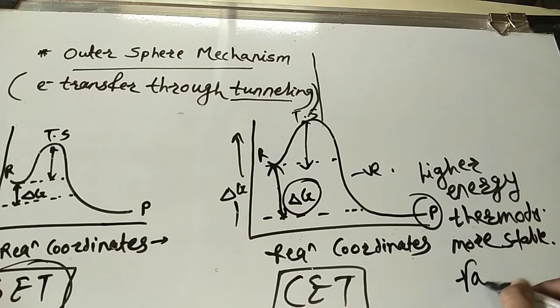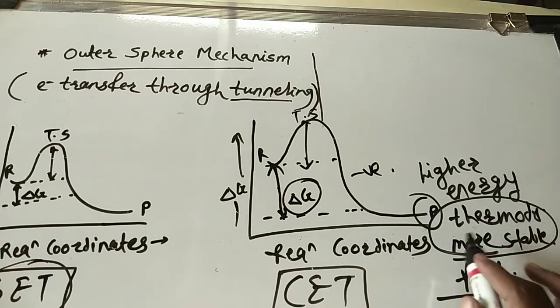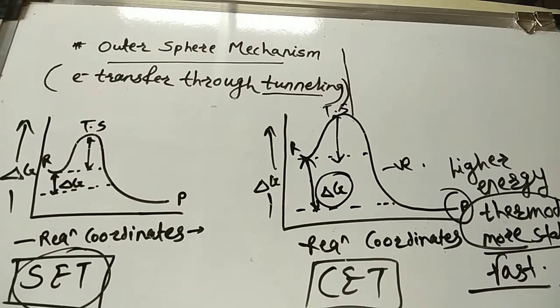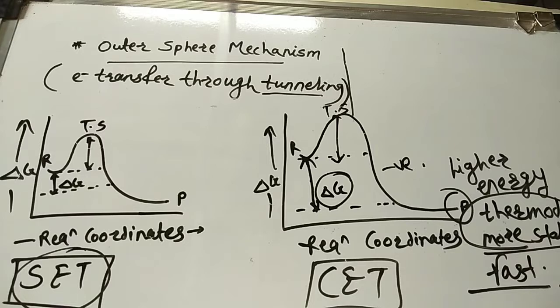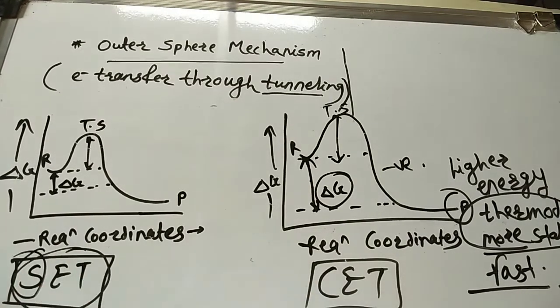So this reaction occurs fast due to more thermodynamic stability. In this particular case, in the outer sphere mechanism, the reaction occurs through cross electron transfer. You know very well what cross electron transfer reaction means: the metal ions of the two coordination complexes are different, while in the self electron transfer reaction the metal ion present in the two coordination compounds is the same.